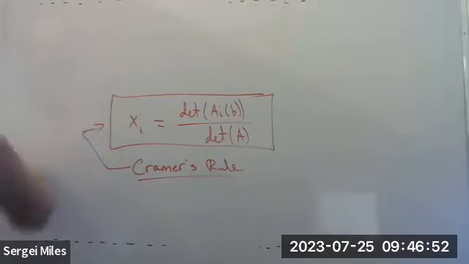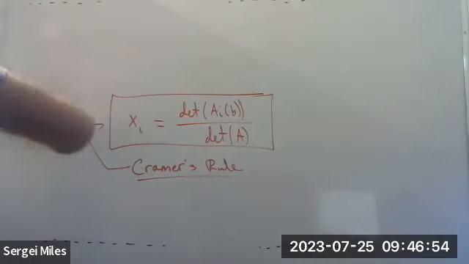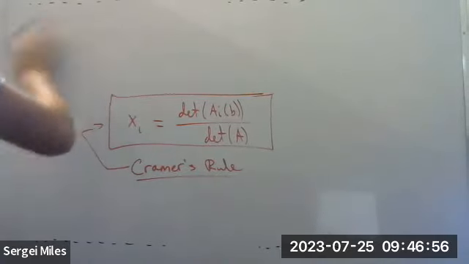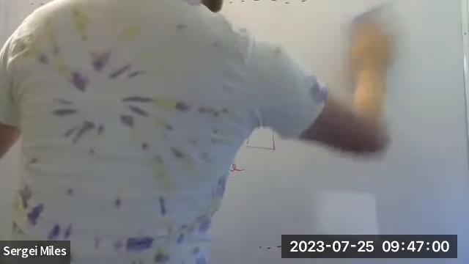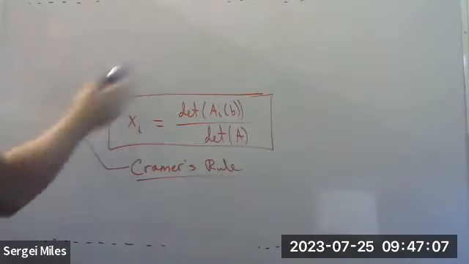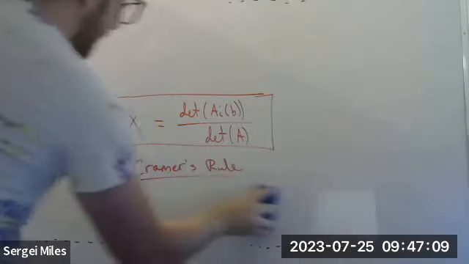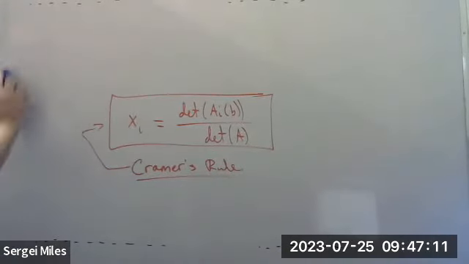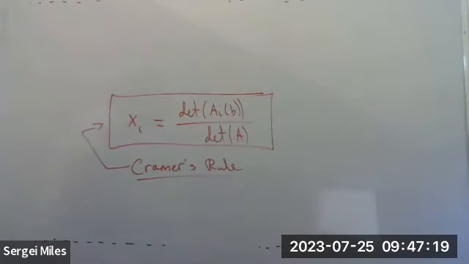I didn't want to just throw this formula up on the board without any explanation. This theorem is true because of all those facts we were just talking about and writing down. All of those facts lead us to this conclusion, so we can see that this formula is actually going to work so long as A is invertible. All right, so this is Cramer's rule.